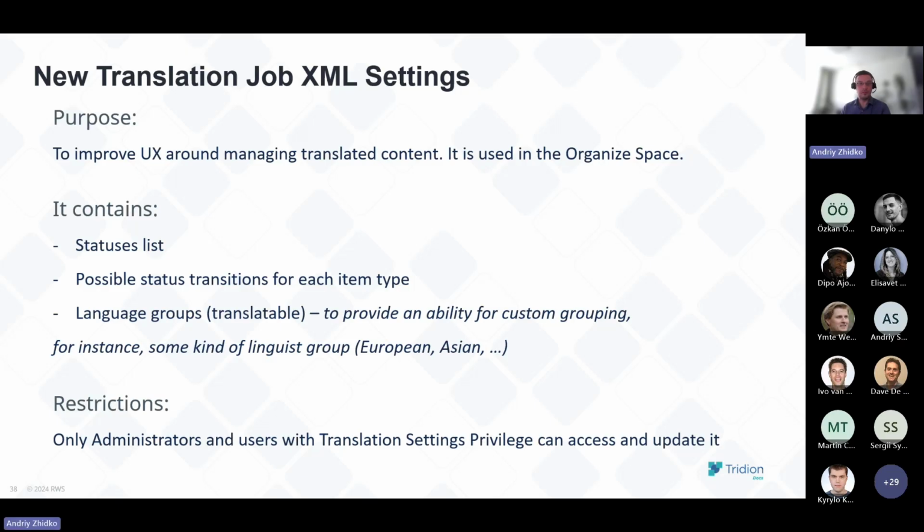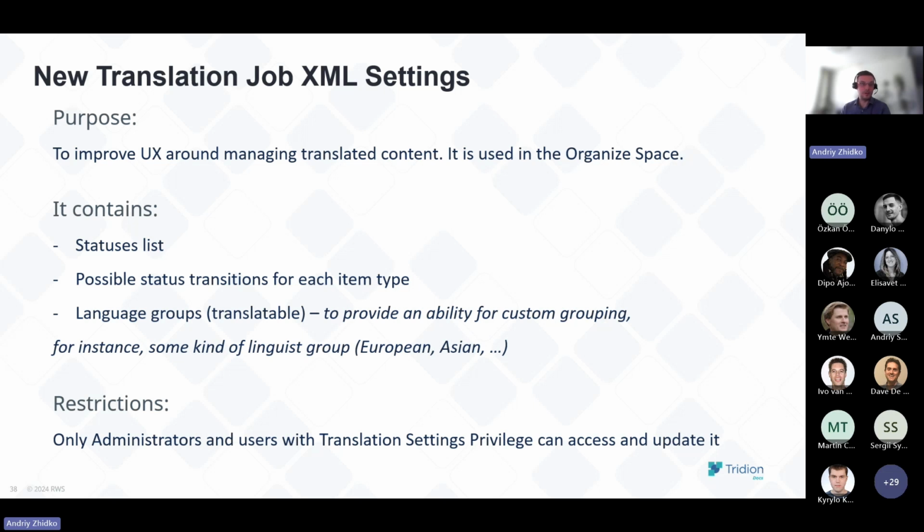Previously, customers were using inboxes for that. Third, there are language groups where you can define a language group, for example European or Asian, so that will simplify the selection of the language and workflow combination when we are creating or updating the translation job.